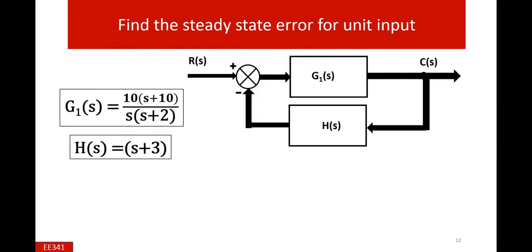So in the next example we have to find the steady state error for a unit step input, and this is a non-unity feedback. There are methods to convert it into a unity feedback, otherwise we can also find it by using the forward transfer function.